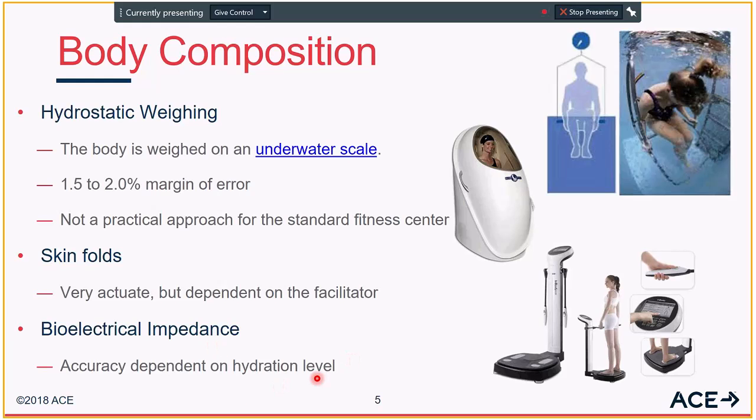If you're overly hydrated, your percent body fat will be a lot lower. If you're dehydrated, your percent body fat will be a lot higher, because that little laser is measuring the water content. So you always want to make sure your client is regularly hydrated, not overly hydrated or dehydrated, when you're taking the bioelectrical impedance.